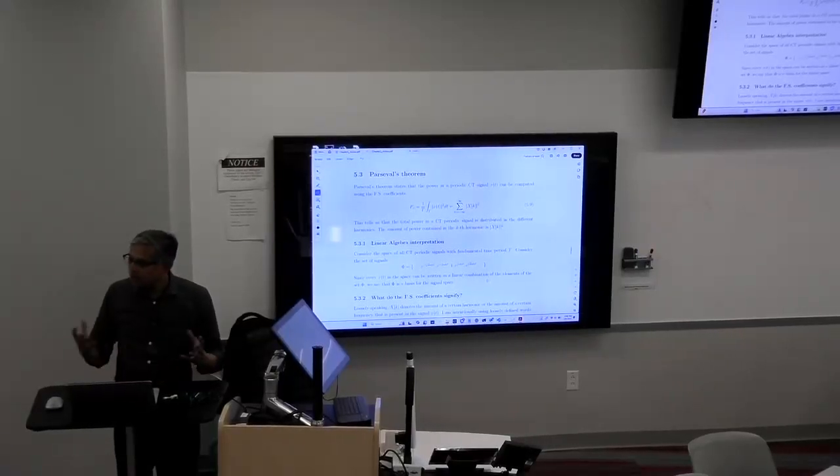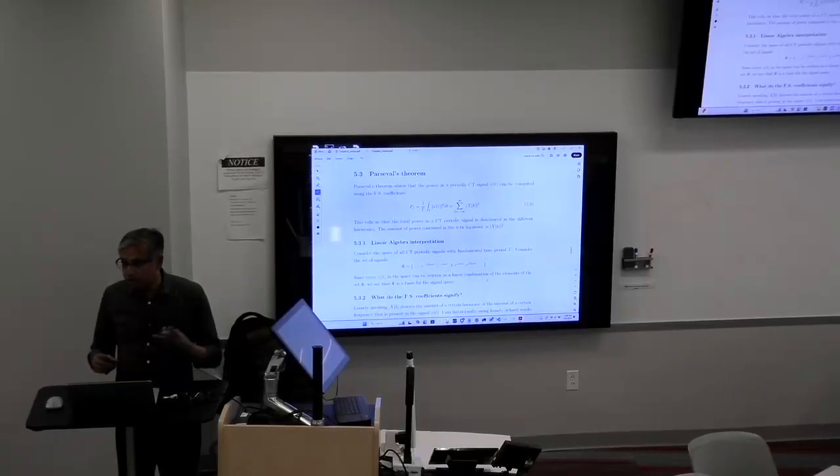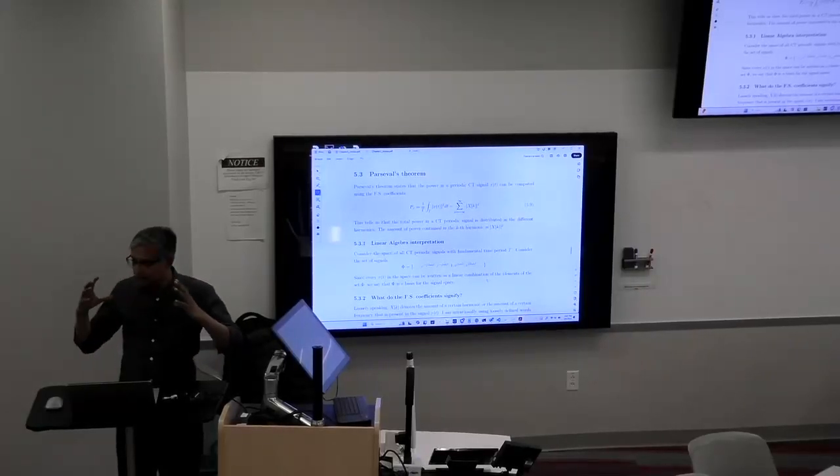A good way to think about Parseval's theorem is to imagine x of t is like a smoothie. When you make a smoothie, you put many ingredients into it: some fruits, maybe bananas, strawberries, chocolate chips, nuts, whatever you want, and then you mix them all up. Once you've mixed them up, you don't see that several things were mixed together. That's like looking at a signal in time.